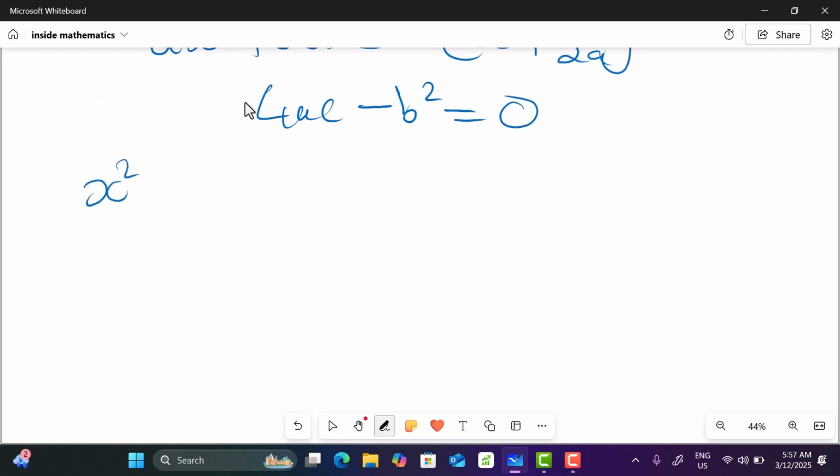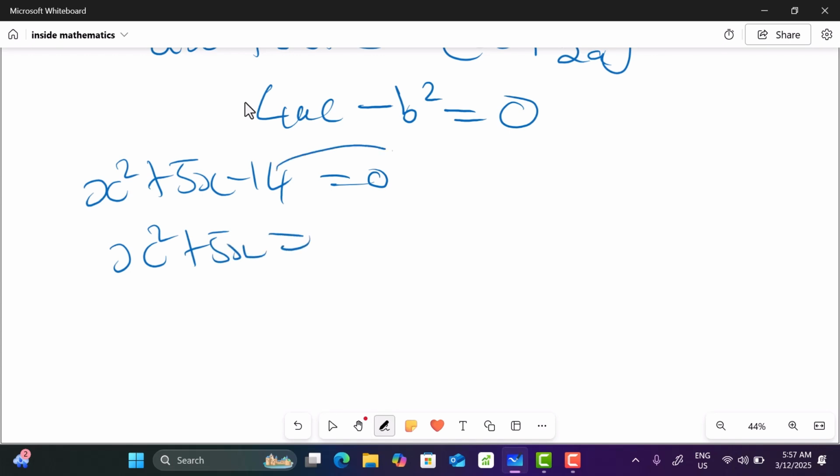Let us take a look at x squared plus 5x minus 14 equals 0. We're going to solve this one by completing the square. So here is what we do: x squared plus 5x equals, we take this to the other side, it becomes a positive 14.